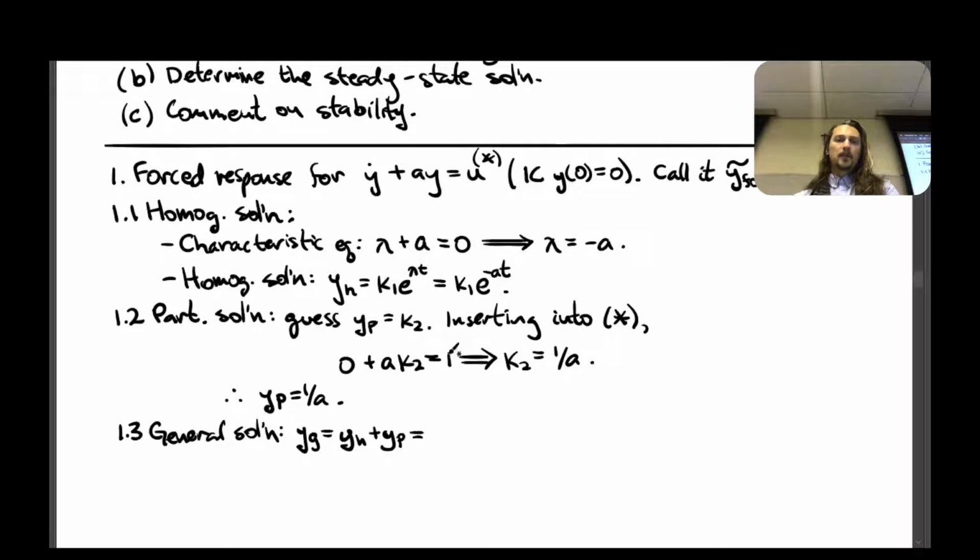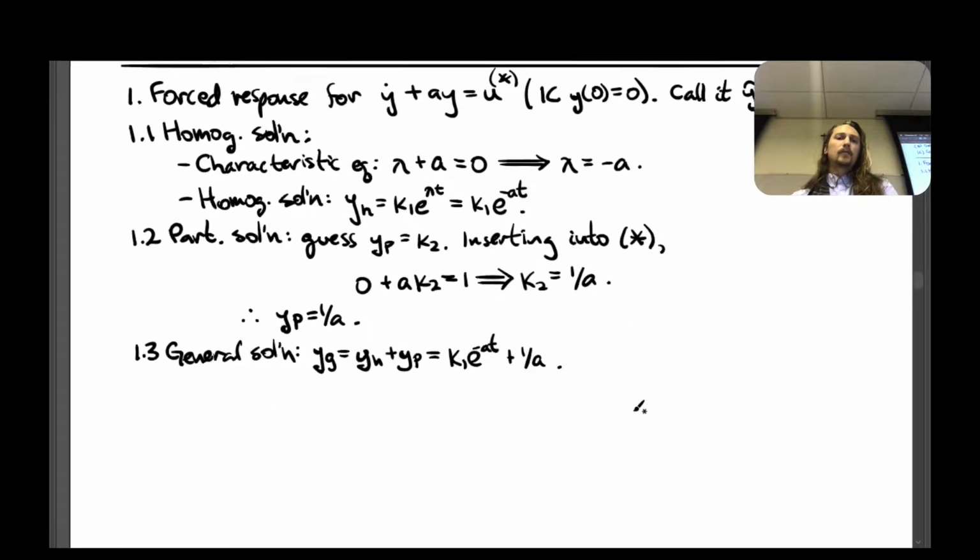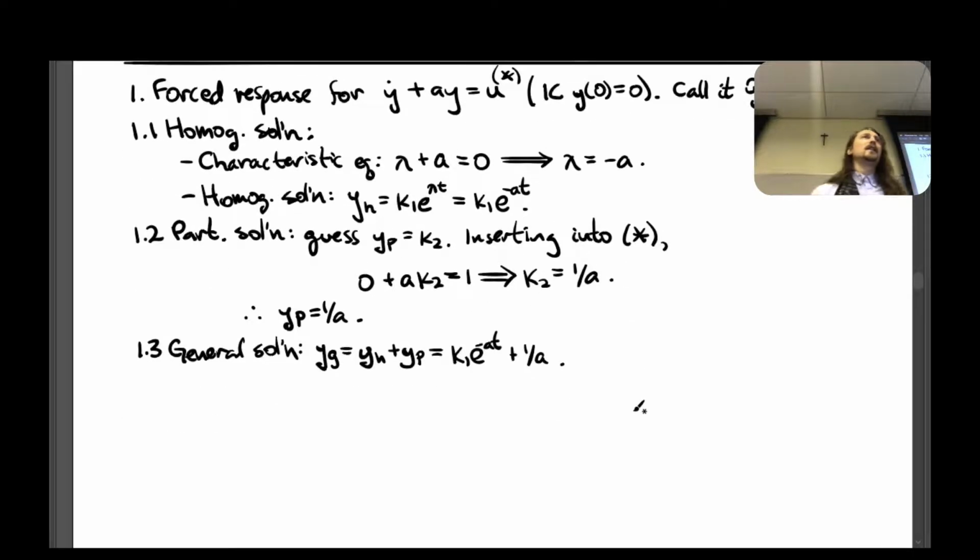The homogeneous solution we found was k1 e to the negative a t, and the particular solution we found was 1 over a. Notice that I've just been plugging in the constants as we've solved for them because they're pretty simple constants in this case. If the constants were not so simple, I would leave it as the constant for the rest of the problem once I solve for it, because it just gets really big otherwise.